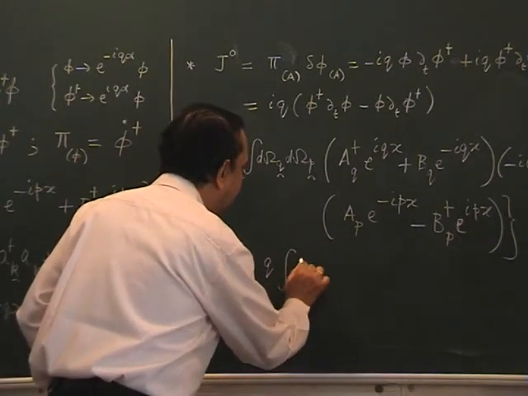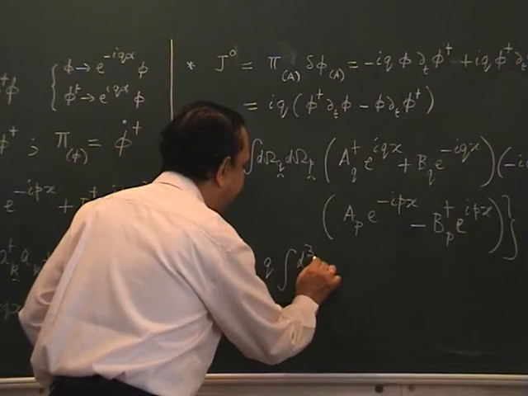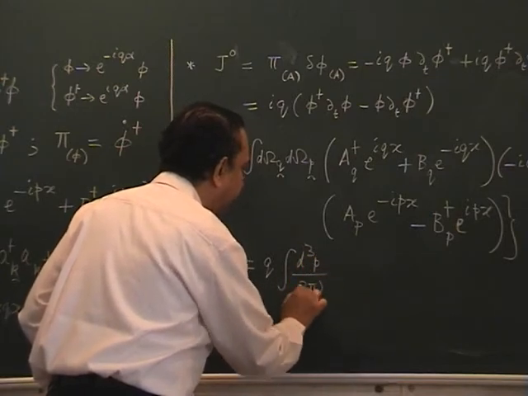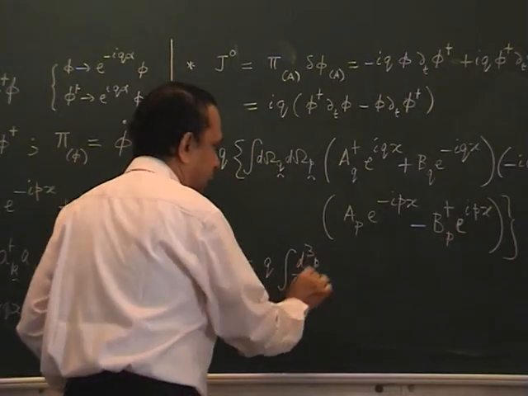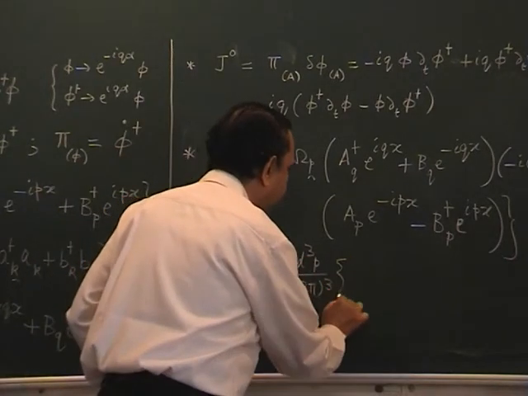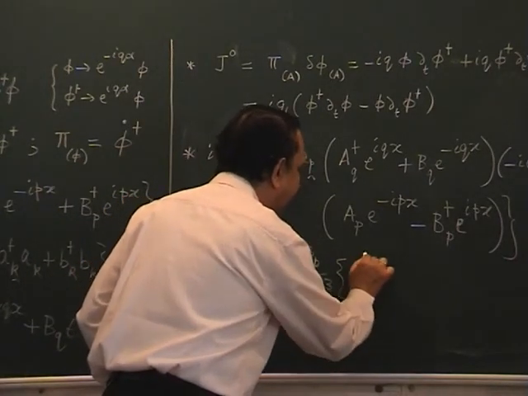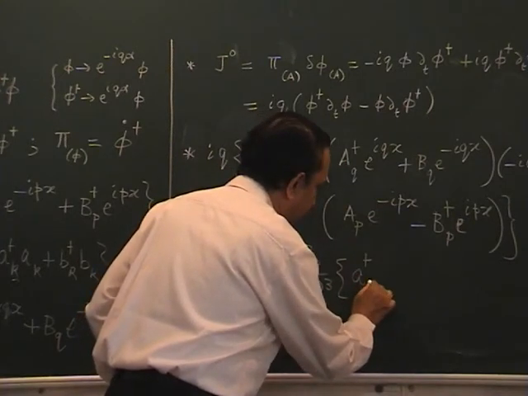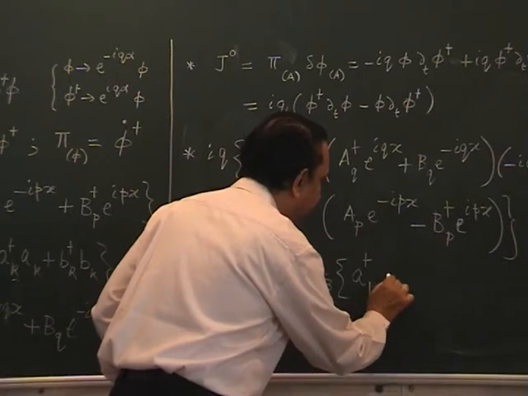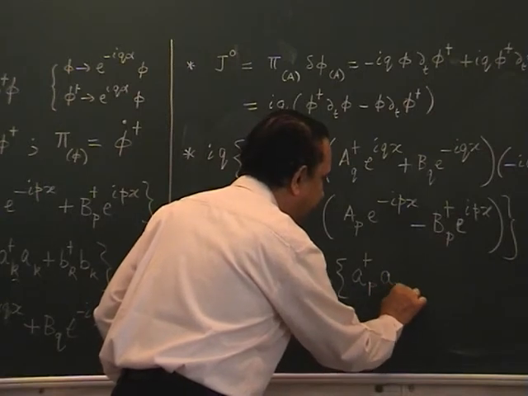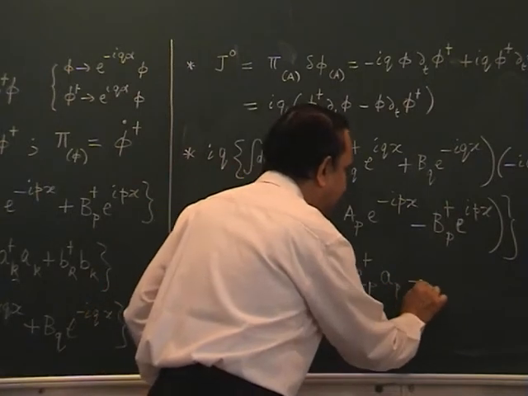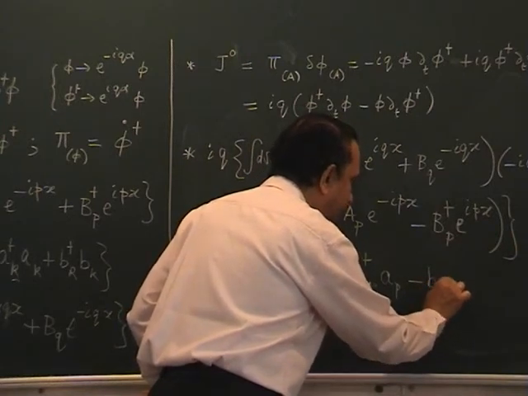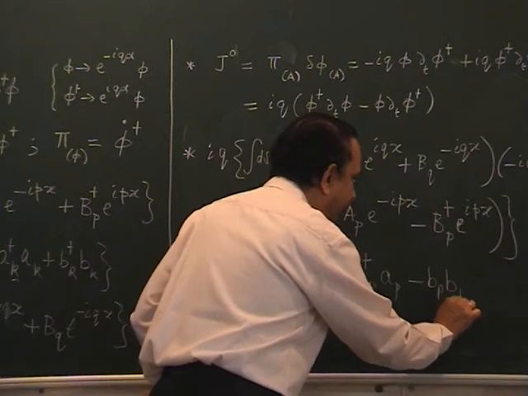integral over d3p upon 2 pi the whole cube times a dagger of p, a of p minus b of p, b dagger of p.